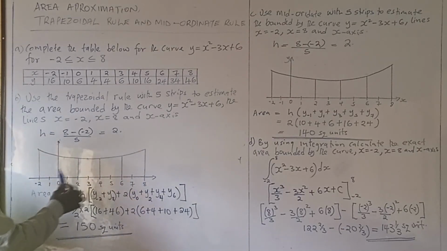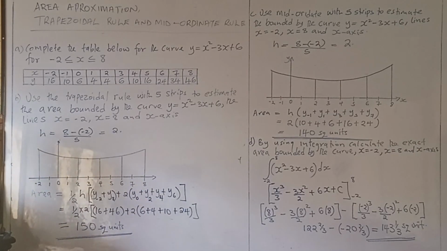Then the middle ones you multiply by 2 because they are repeating. This first one stands for 2 trapeziums, this trapezium and this one. This one stands for this trapezium and this, and this stands for this trapezium. So the middle ones are repeating twice, so you will multiply by 2.